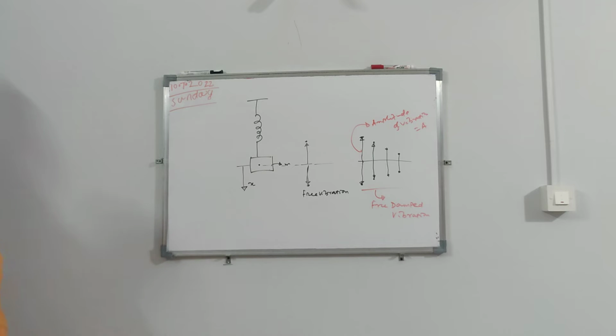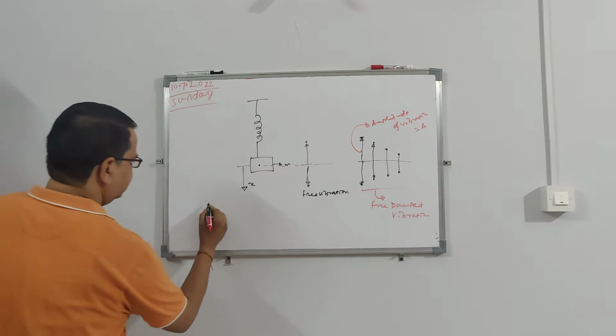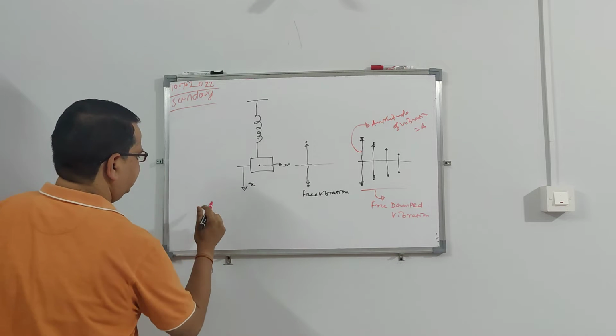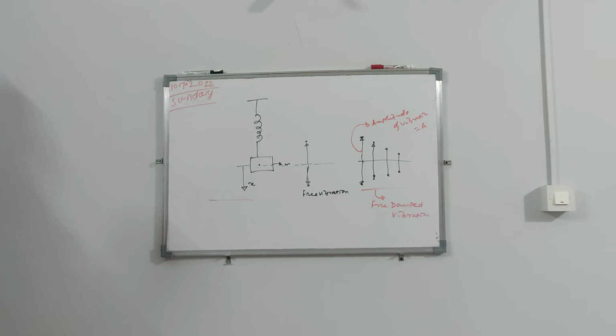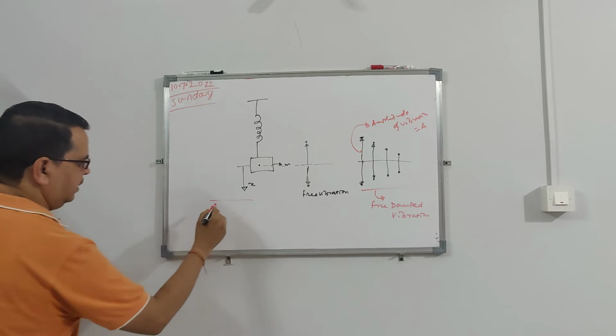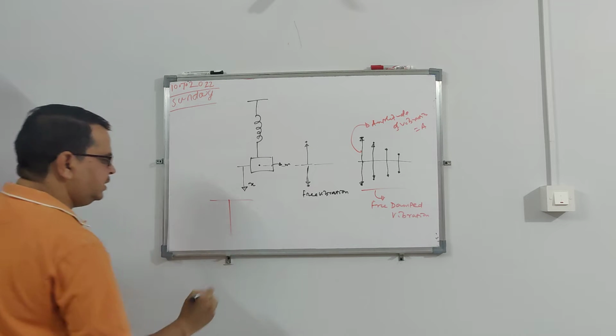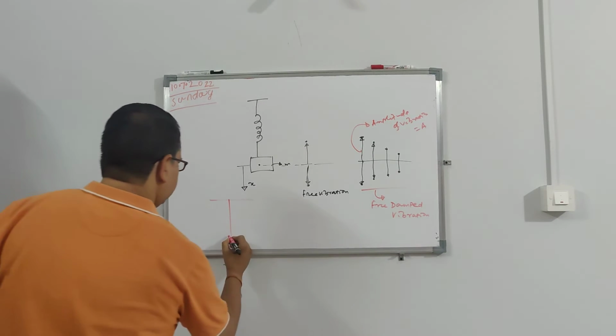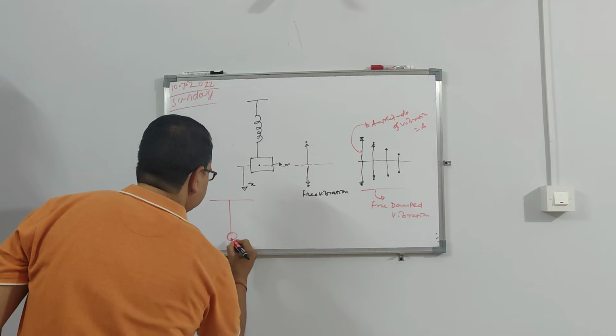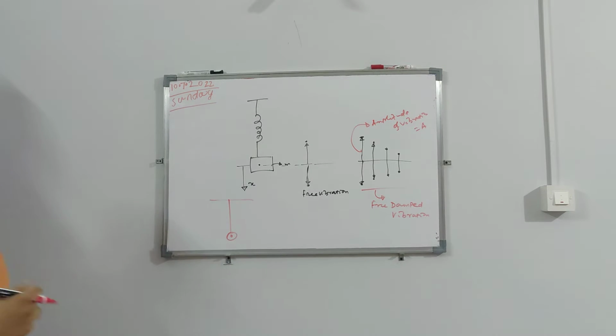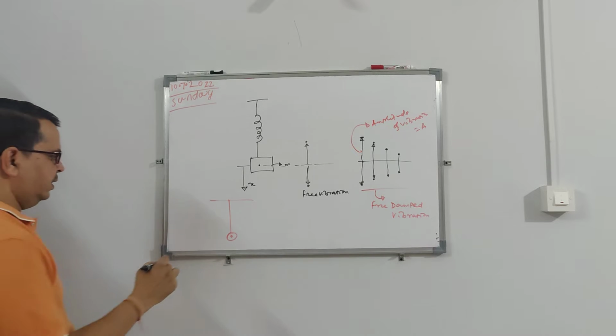Similarly, this spring mass system can also be equated to a simple pendulum. Let us say this is my fixture from where my pendulum is hanging, and this is my pendulum of mass m.